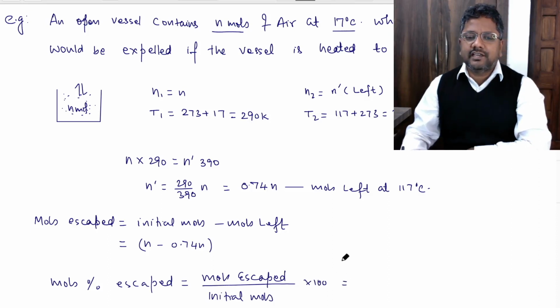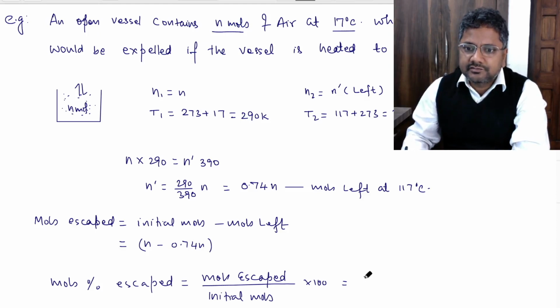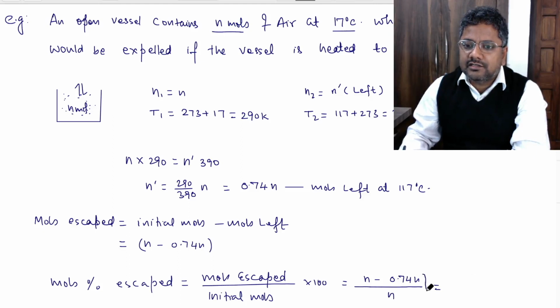So moles escaped are n minus 0.74 n, divided by n, and this we multiply by 100.